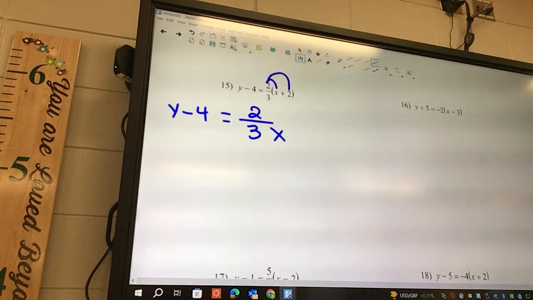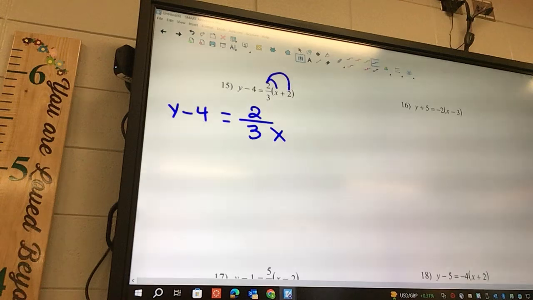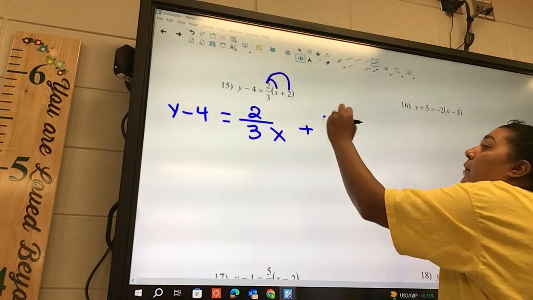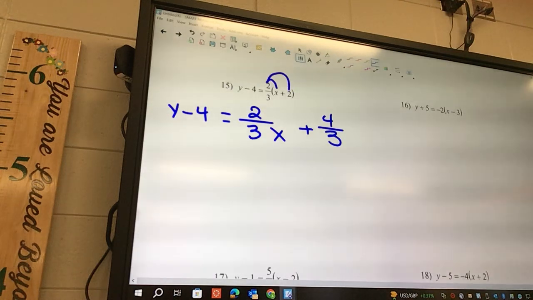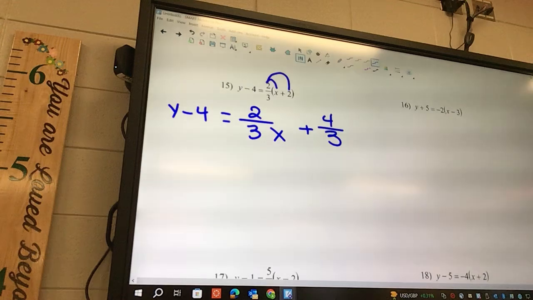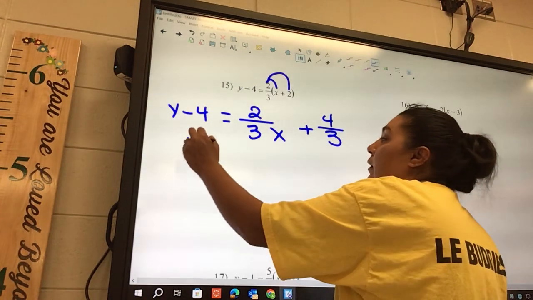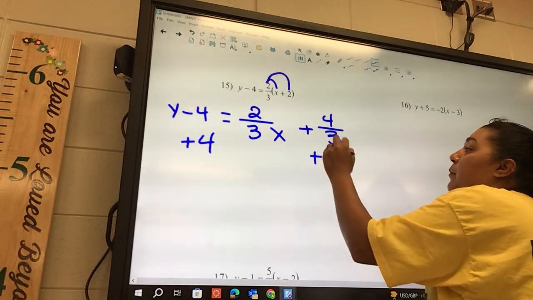And you can't do it like that. 4/3? Okay. So 4/3, and then what needs to happen? What number's next to the y? Is it 4? So we're going to say +4.